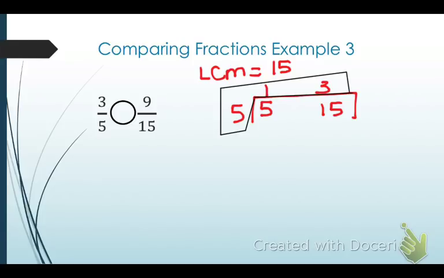And I multiply these, right? So 5 times 1 is 5, times 3, 15. So my new denominator is going to be 15.